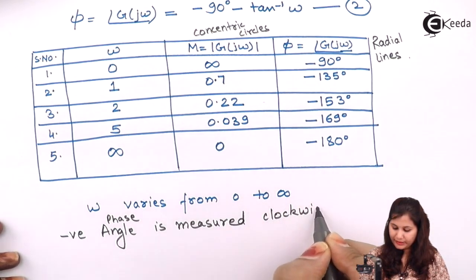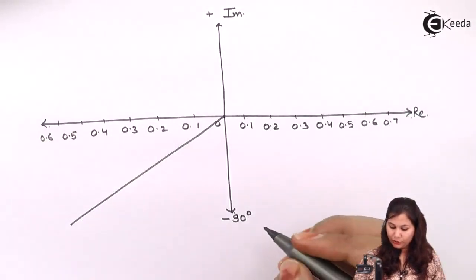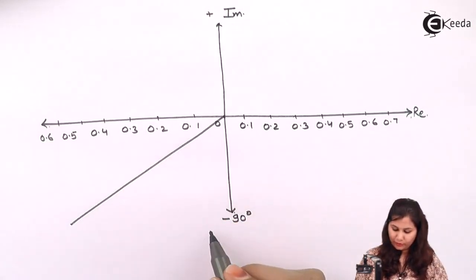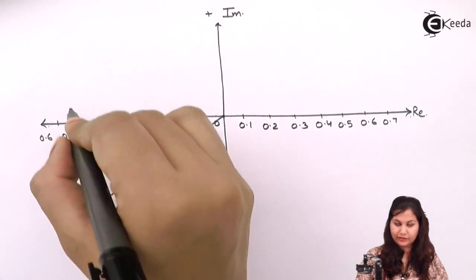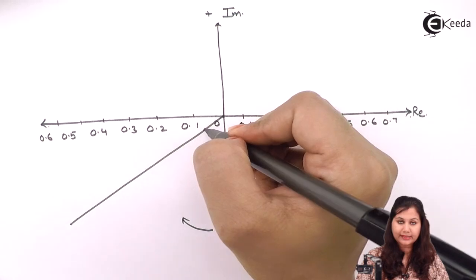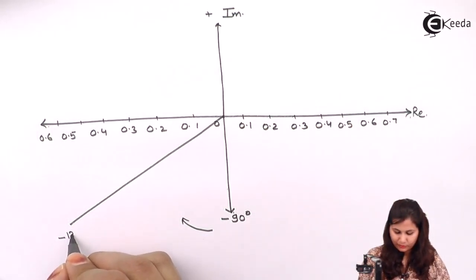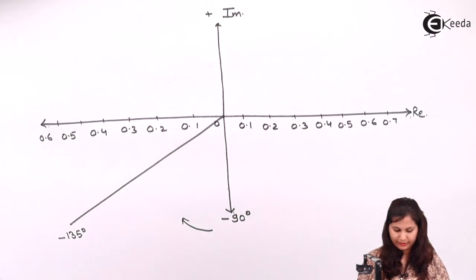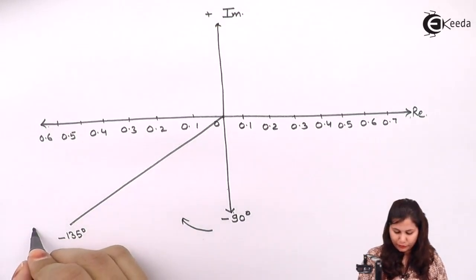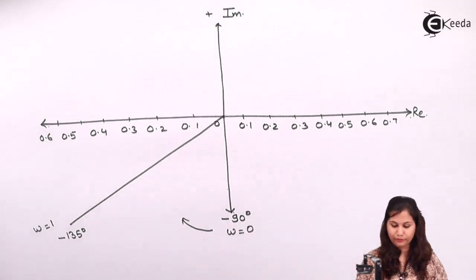That is, in clockwise direction we are going to measure the negative phase angle. So it is minus 90 degrees going in the clockwise direction like this. So it will be minus 90 minus 135 degrees. So it is minus 135 degrees for omega equals to 1. This was minus 90, omega equals to 0.